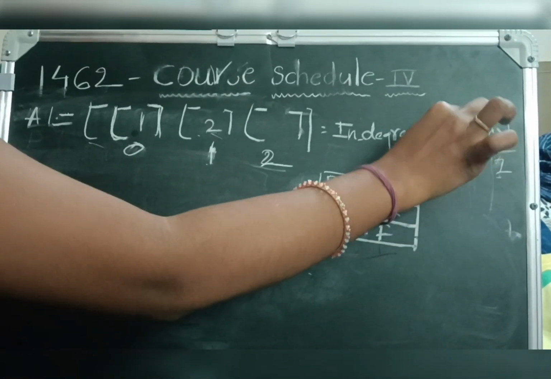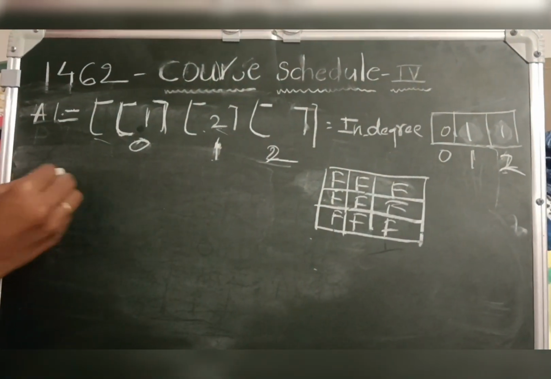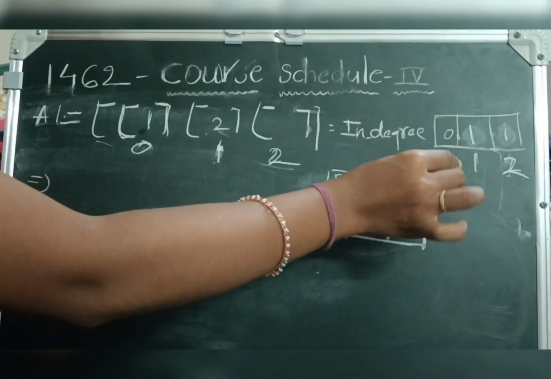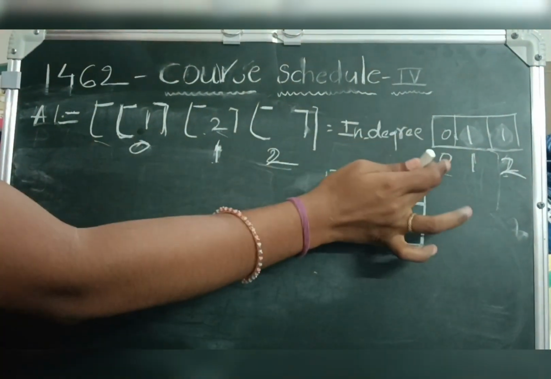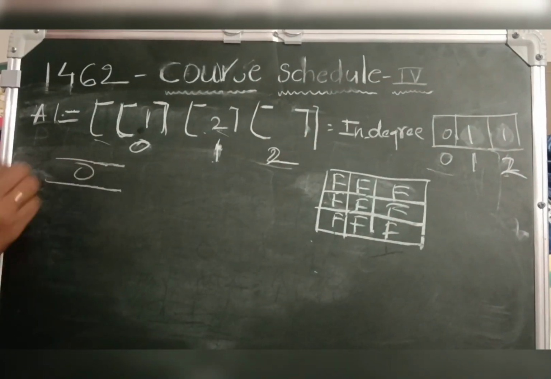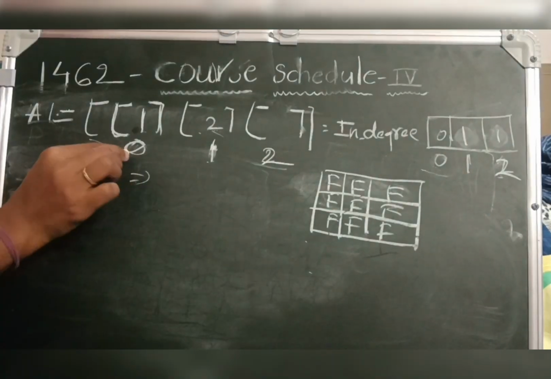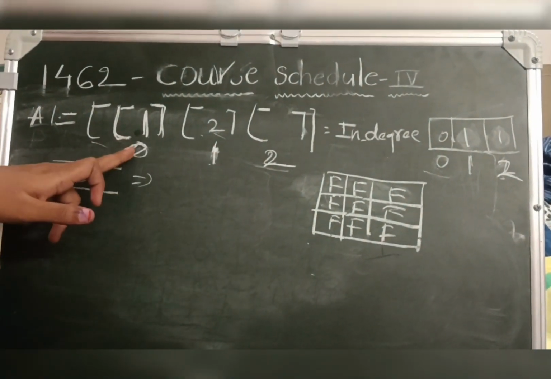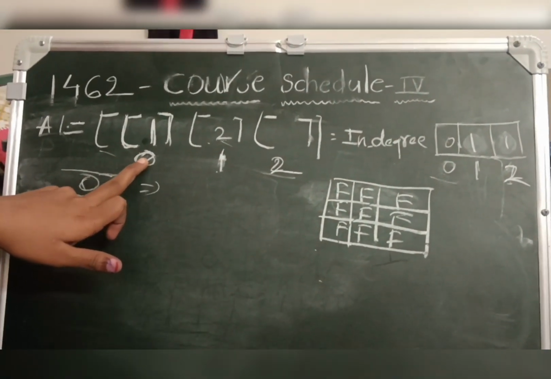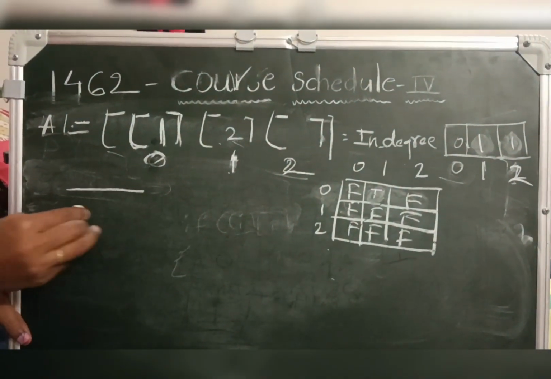I will explain from the starting. First we have to push into the queue the elements whose vertices have in-degree 0. Here only the 0th vertex has in-degree 0. So in the queue we push 0 and process 0.